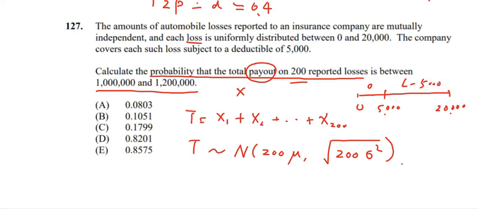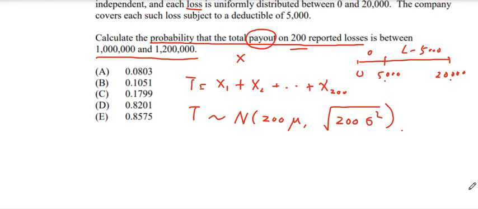So for this we need to find its mean, find its sigma square. So mean mu equals, so here's pay 0. So if L is from 0 to 5,000, this is 0.